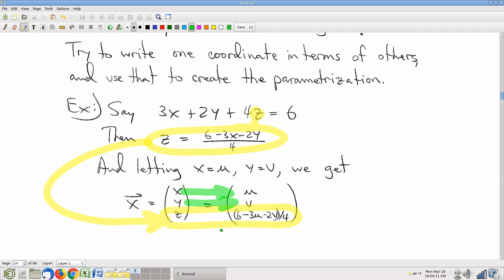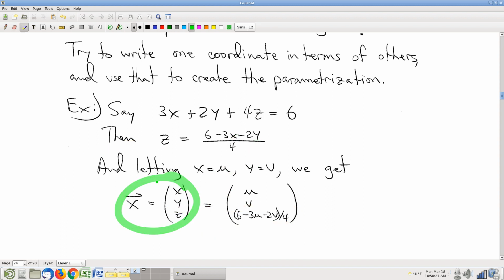Okay? And then, if x is u and if y is v, unavoidably, this is what z has got to be. And notice this is a parameterization. We have position as a function of two input variables, u and v.